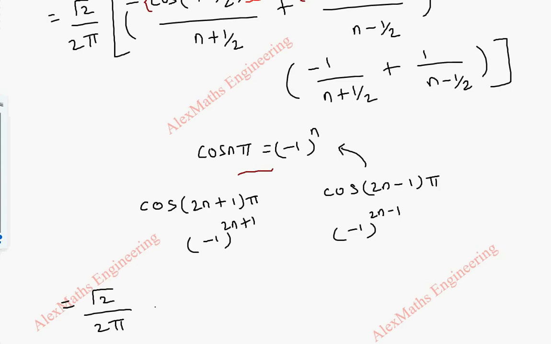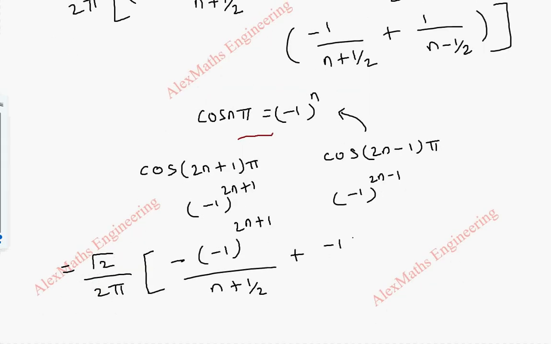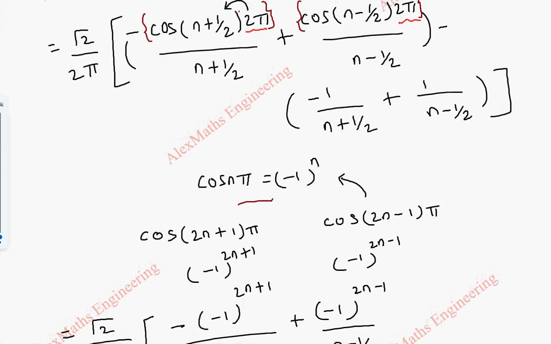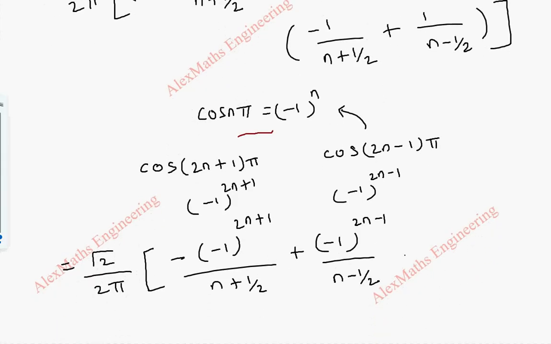So we have root 2 by 2 pi, minus of minus 1 whole power 2n plus 1 by n plus half here. Then the second term is plus minus 1 whole power 2n minus 1 by n minus half. Then again we take this minus sign inside of each, so it will become plus 1 by n plus half minus 1 by n minus half.